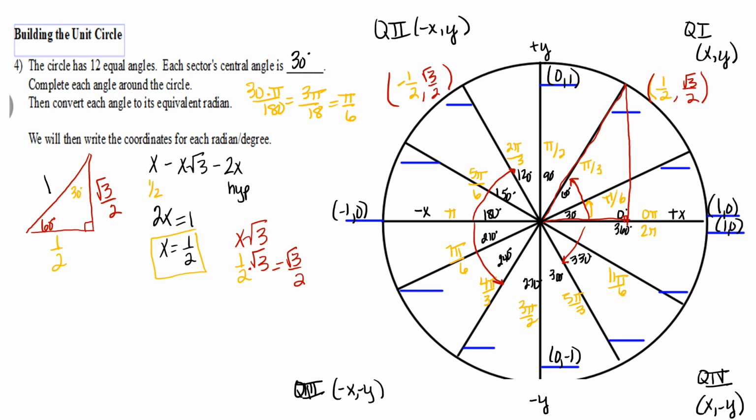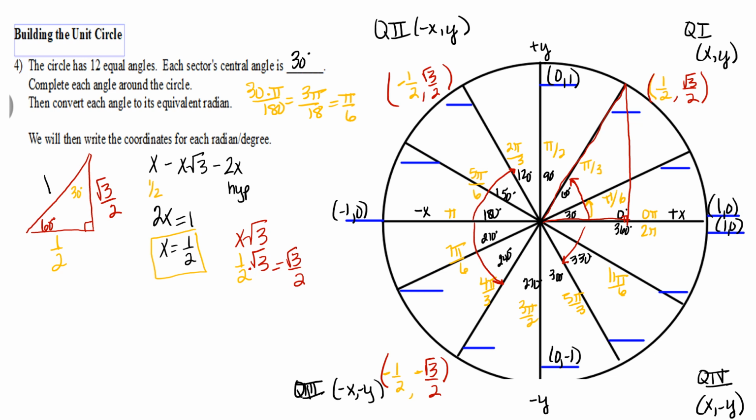At 240 degrees, so at 4 pi over 3, again, same coordinates, 1/2 and square root 3 over 2. But when we are in quadrant 3, we have to go to the left and down to get there, so both the x and the y coordinates are negative. So it's negative 1/2, comma, negative root 3 over 2.